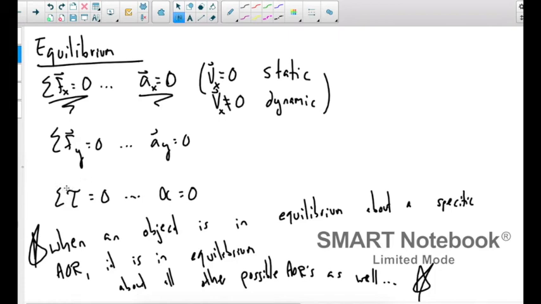So if we're looking at an object or a collection of objects that are in rotational equilibrium about a specific axis of rotation that we choose to analyze, as long as this statement is true, that there's no rotational acceleration, then that object or that system will be in rotational equilibrium about all other axes of rotation as well.